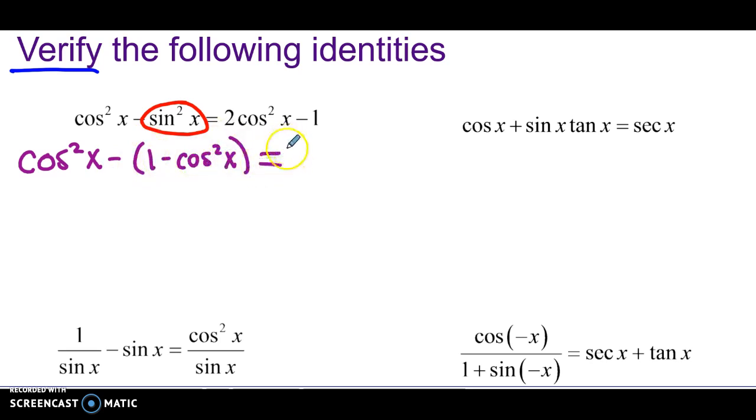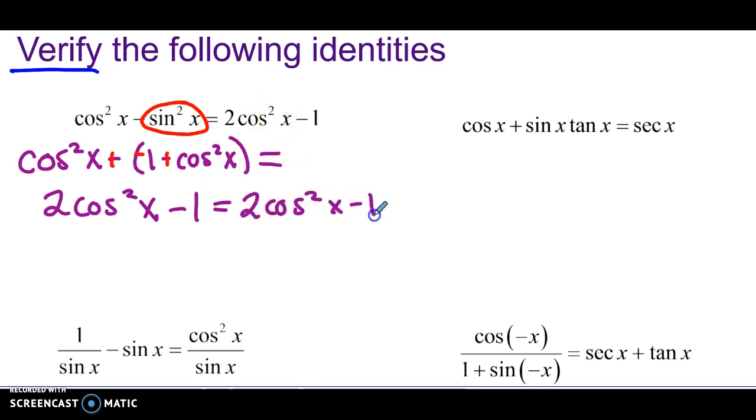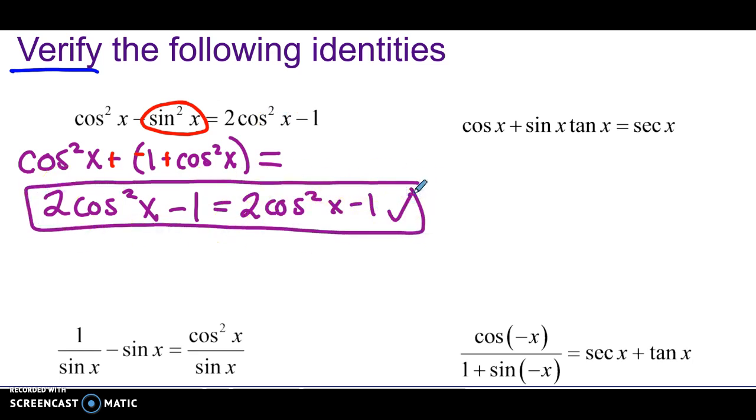I'm going to keep an equal sign following along with me, and it's up to you if you want to keep writing this every step. Now don't forget, I'm really distributing this negative. So now I have 2 cosine squared of x plus negative 1, or minus 1, which is equal to this side. So I just verified that first identity.